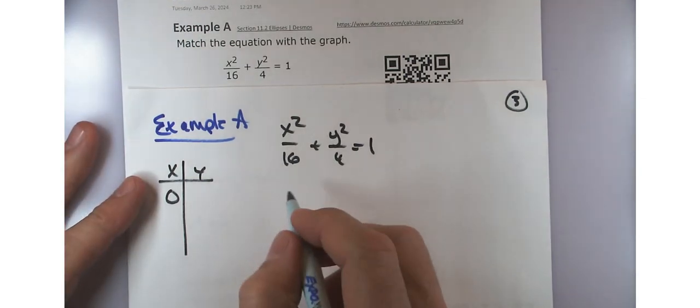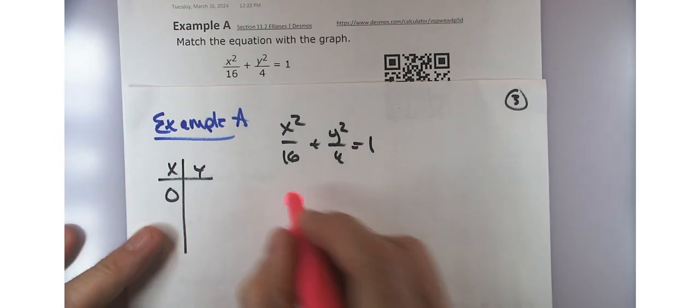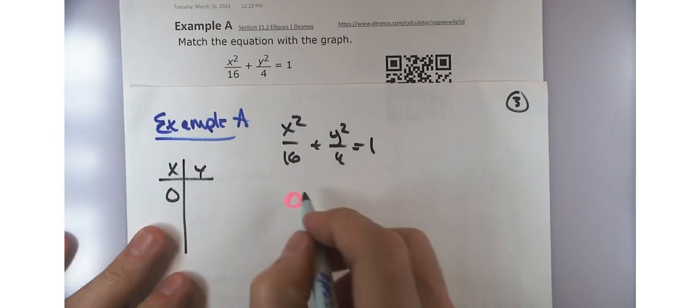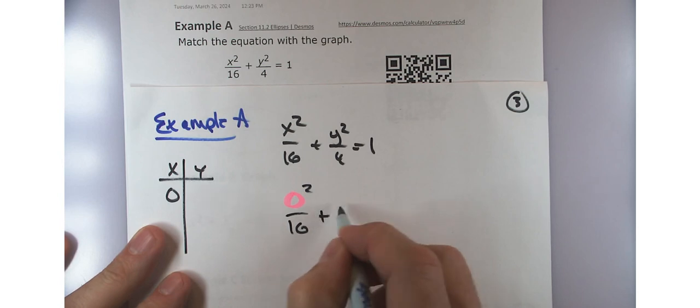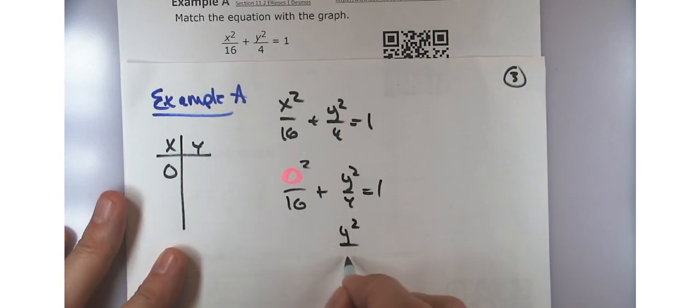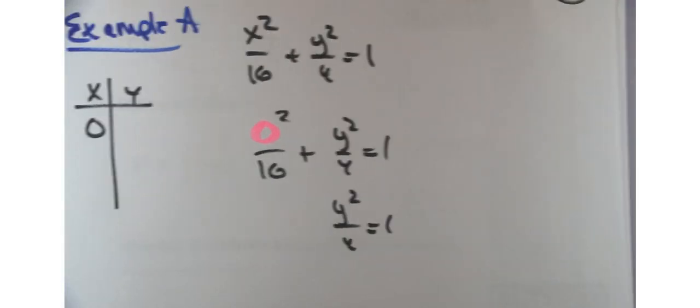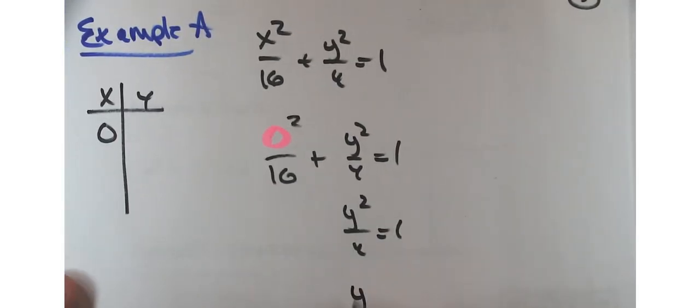But if I set x equal to 0, then I just get 0 squared over 16 plus y squared over 4 equals 1. So basically y squared over 4 equals 1 because this whole term is a 0. To solve here, what I could do would be to multiply both sides by 4 and get y squared equals 4.